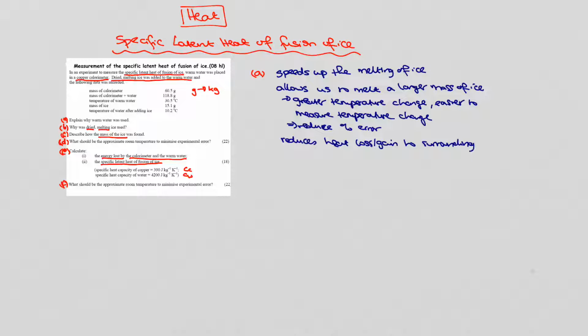Because obviously if it gets too cold, then it's going to gain heat from its surroundings. So any one of those would have done as an answer for 3 marks. So they're all acceptable answers in this case.